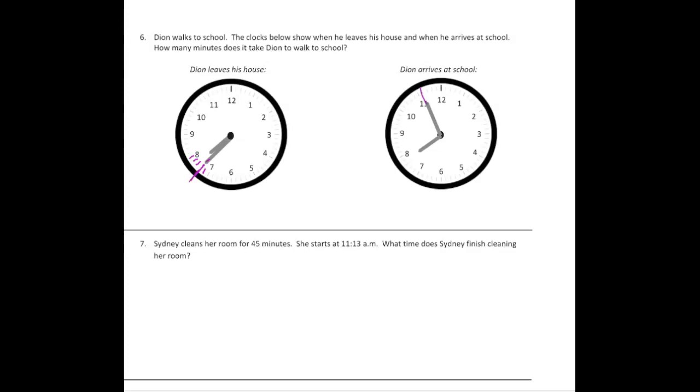And this one is pointing at the line, the minute right after the 11. So this time on this clock is 7, because the hour hand is between the 7 and 8. And 6 I know is 30 minutes. 7 is 35. So one more is 36.